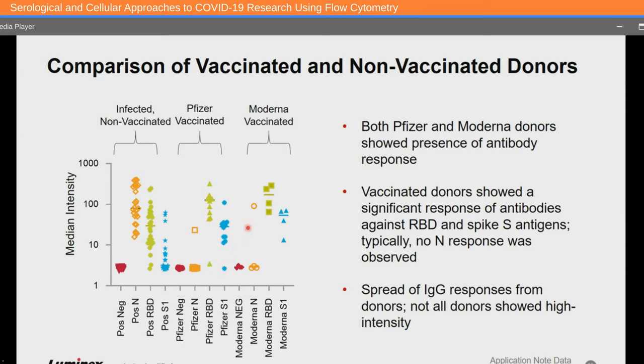On the Moderna samples too, we see a strong RBD and S1 response, and the presence of at least one donor who appears to be previously infected. Thus, we see a spread of IgG responses from donors, not all donors showing high intensity.